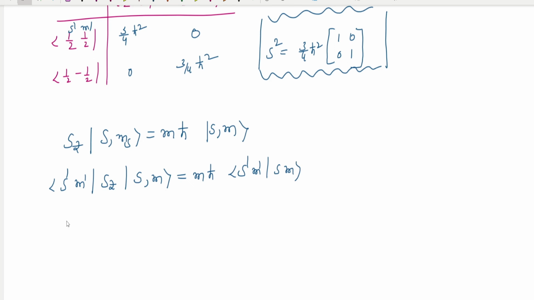Similar procedure, right? Delta S and S prime, delta m and m prime.